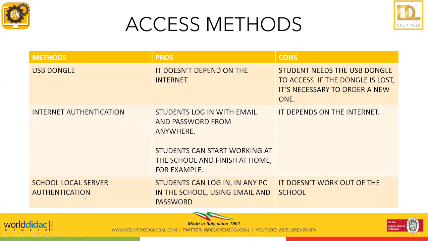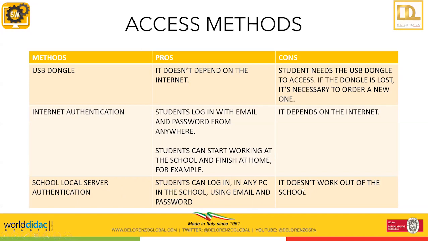And if the school doesn't have good internet but doesn't want to use a USB dongle, for example, we can provide a local server, a PC that is going to be installed in the institution and is going to handle the authentication. So the student will be able to log into the application anywhere in the school by using email and password.